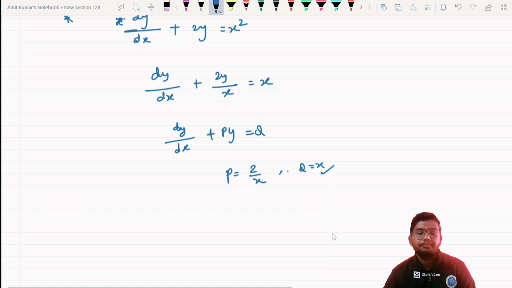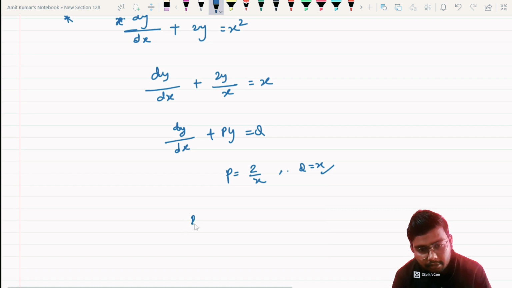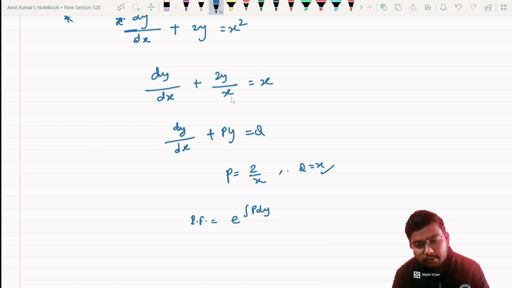Now we have to calculate the integrating factor. You write e to the power integral of p dx. Here p and q are functions of x, which is why we use dx. So the integrating factor will be e to the power integral of 2 by x dx.